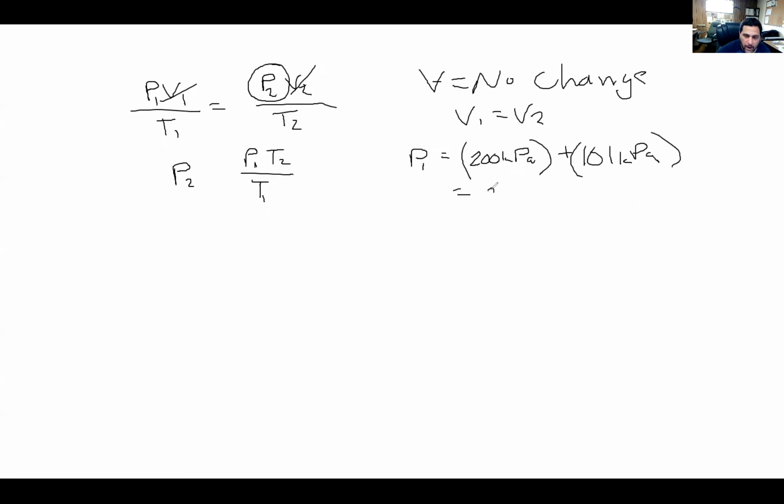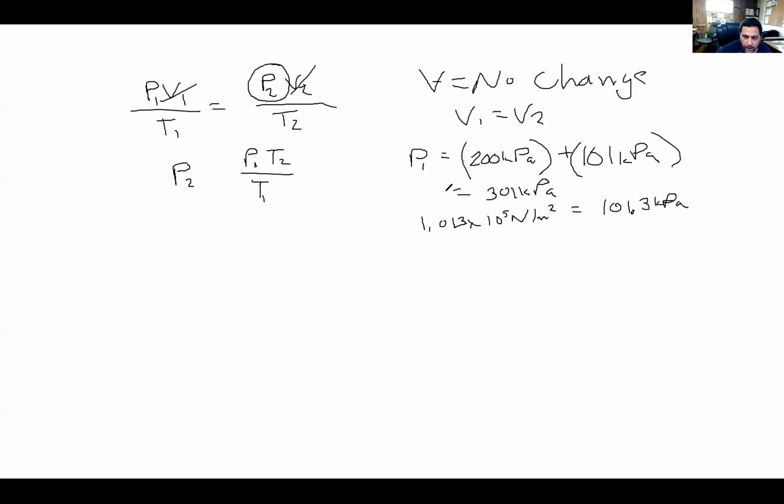So you end up with 301 kPa, if 1.013 times 10 to the fifth Newton per meter squared is the units we want to work with. That is equal to 101.3 kPa.